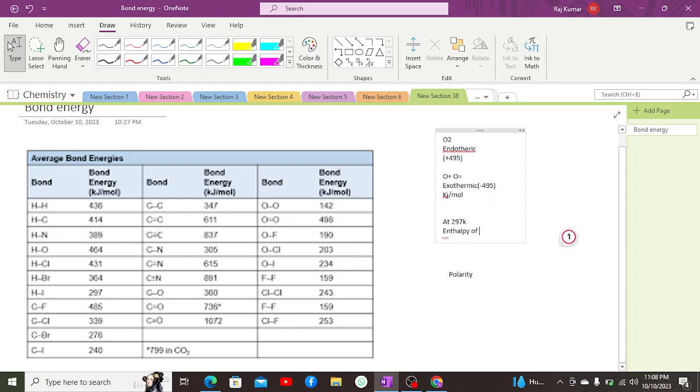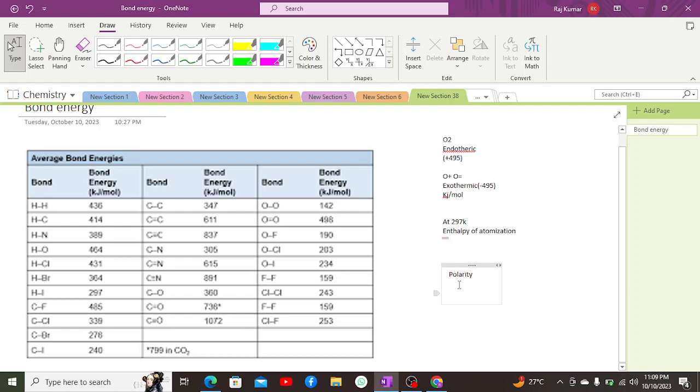Enthalpy of atomization, why is that so? The amount of energy which is required in order to break down the molecule into its components is known as enthalpy of atomization. Enthalpy refers to the word heat. Atomization means breaking down into its components, into its further atoms.